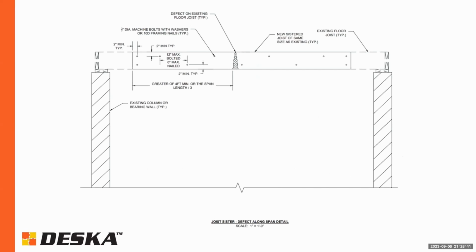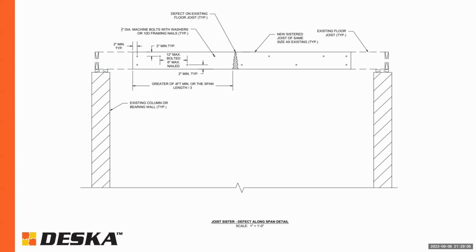Here's just a brief example of a general span detail of a joist sistering detail. And something to keep in mind is, depending on the application, when you have the defect, depending on where that defect is located on that span, there are different requirements for how long that sister needs to essentially develop on each side of that defect.